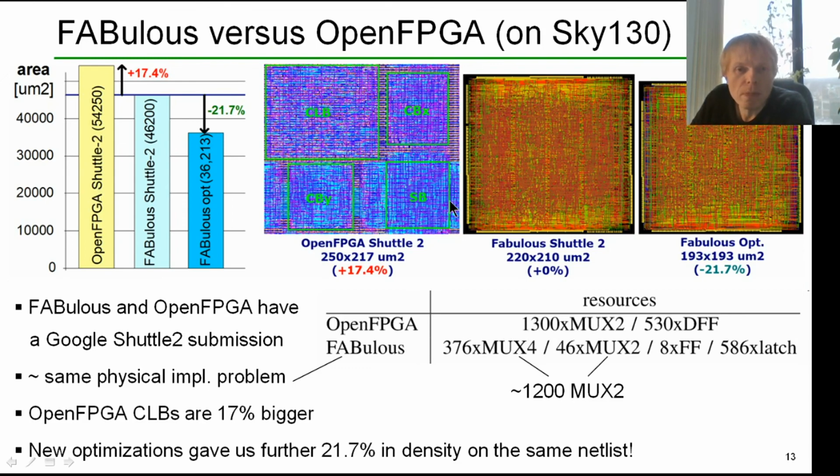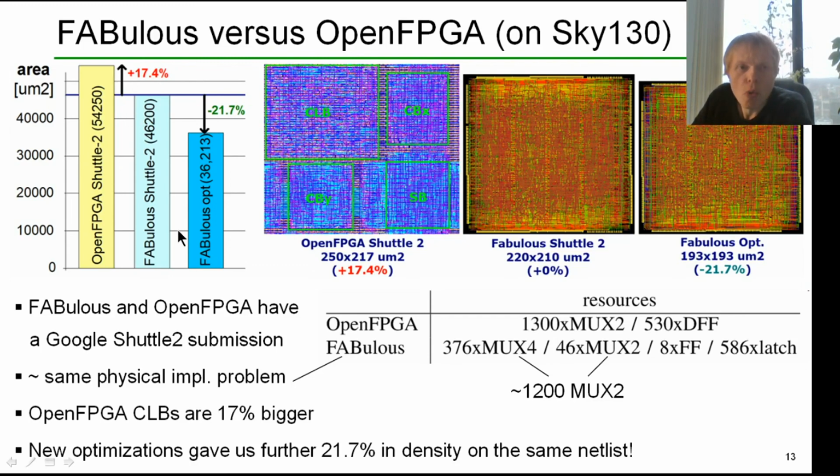The physical implementation problem between OpenFPGA and FABulous was roundabout the same. FABulous uses a few multiplexers less, something like 8% less multiplexers, but we use like 14 or so percent more configuration latches, and so meaning that the area requirements for both are roundabout the same, but nevertheless OpenFPGA, because they have to use expensive D flip-flops for the configuration, or rather they're using cheap latches, they are almost 20% bigger in area.